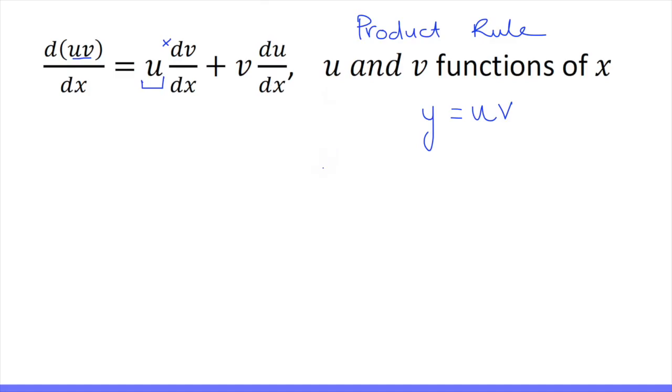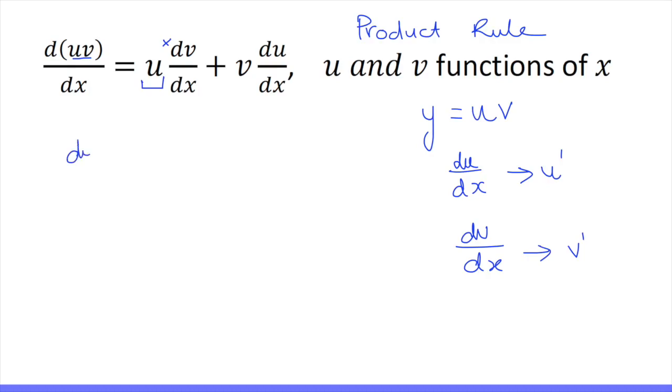Now, even though this looks quite confusing, you can also write it in another manner. Even though it's not formal notation and we probably shouldn't use it as our final answer, it is fine to use as shorthand. So if we take one of our functions to be u, the derivative of u, we can write as du by dx, or as shorthand, we can write it as u dash. In the same way, if we have the derivative of v is dv by dx, as shorthand we can write it as v dash.